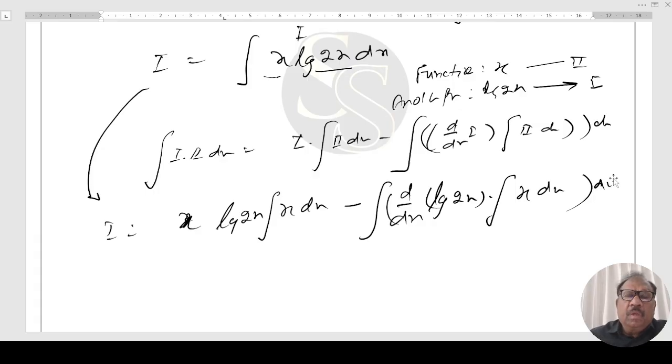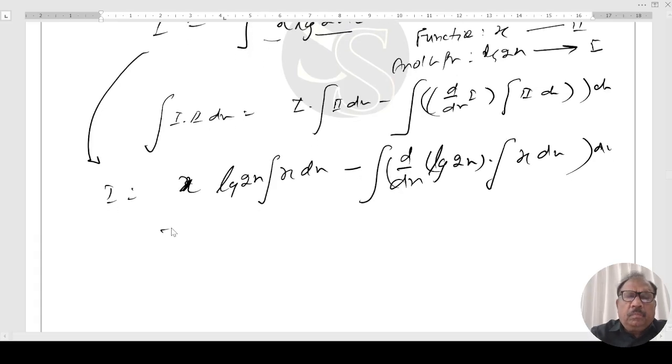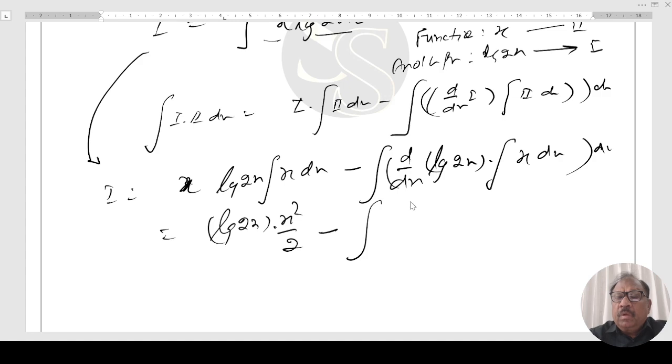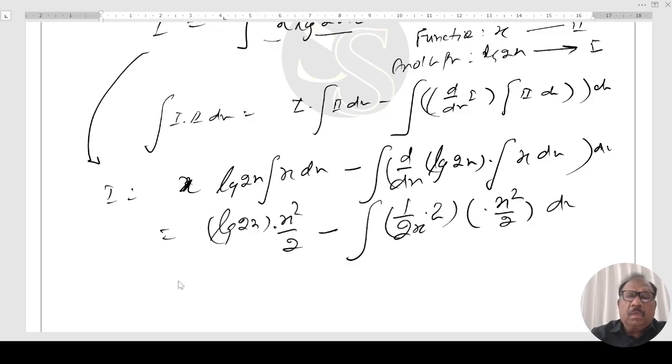Now, log of 2x into x squared by 2, power formula, minus 1 by 2x into 2 into x squared by 2 dx.